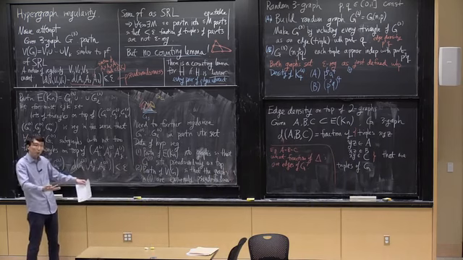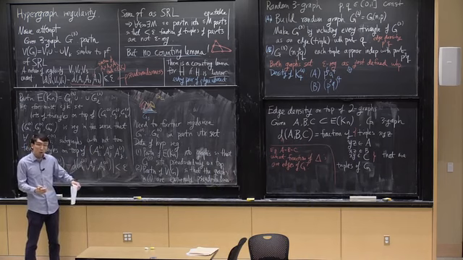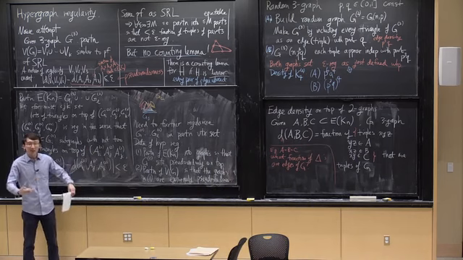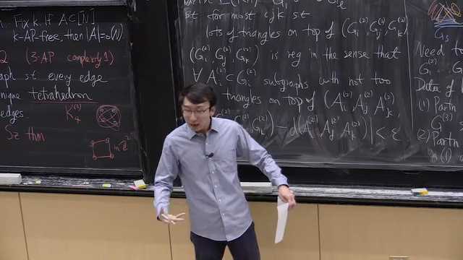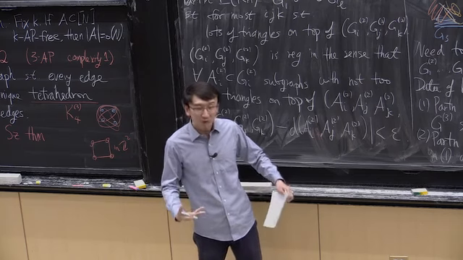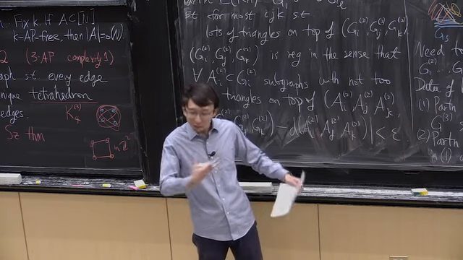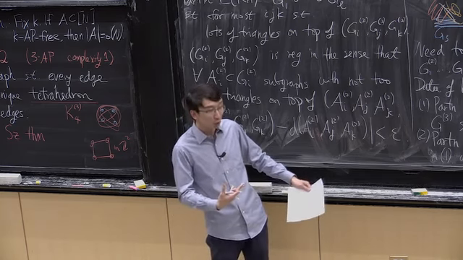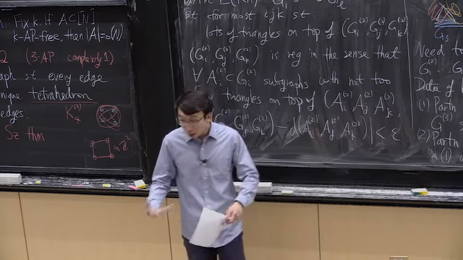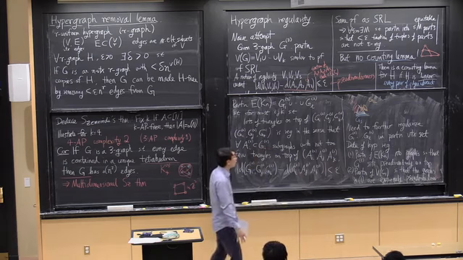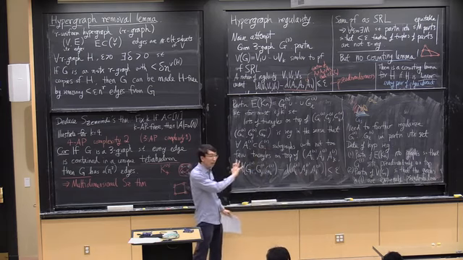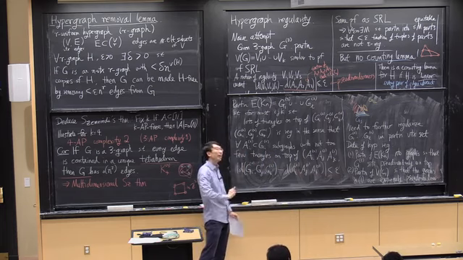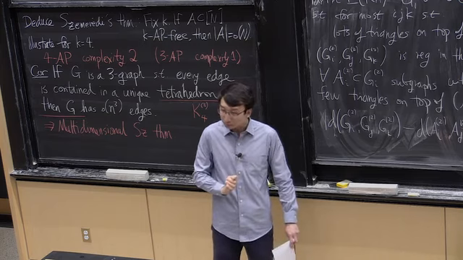You could write down a more precise version. You can find it in the literature. In fact, you can find more than one version of the statement of hypergraph regularity in the literature, and they're not all obviously equivalent. It actually takes a lot of work even to show that different versions of the statement are equivalent to each other. And it's still somewhat mysterious what is the right, the most natural formulation of hypergraph regularity. That's something that I think we still do not yet have a satisfactory answer to.